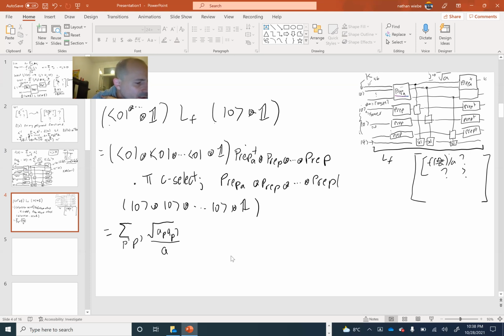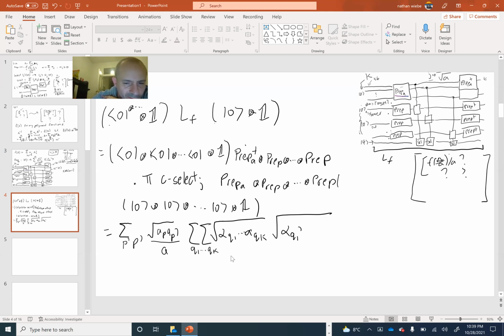And then we're going to have the sum over all of the individual values in here, which we can end up writing as the sum over Q1 through Q capital K of square root alpha Q1 through alpha QK times the square root of alpha Q1 prime.